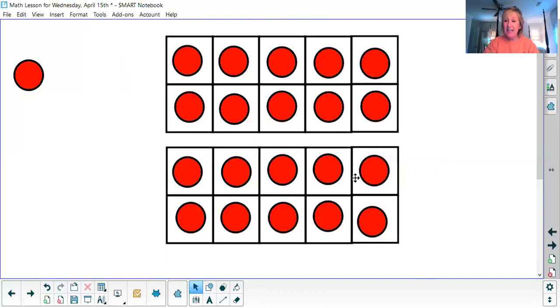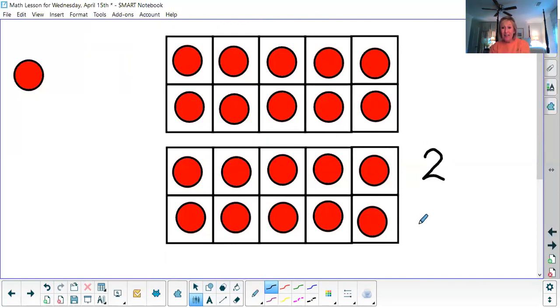So 19 and one more, if you're counting, you would say 19, 20, right? So the number is 20. 10 and 10 make 20, two groups of 10. That is why we put a 2 in the tens place to show that I've got two groups of 10.